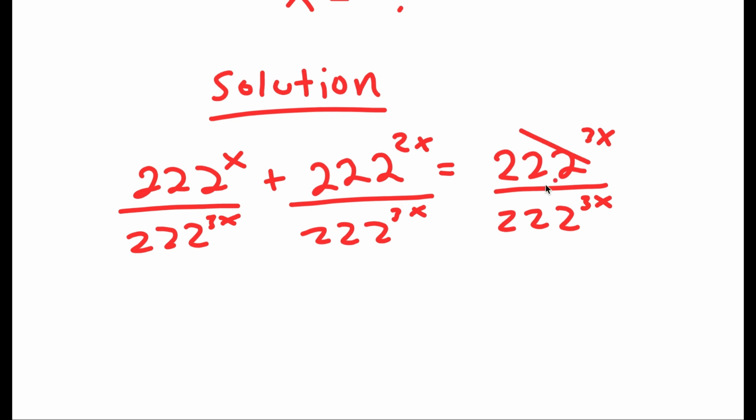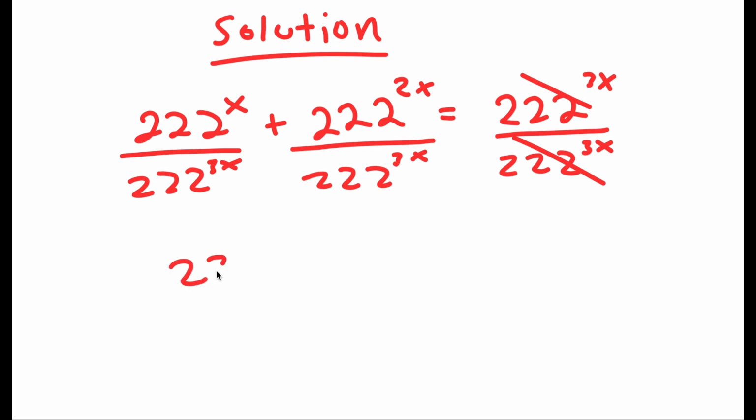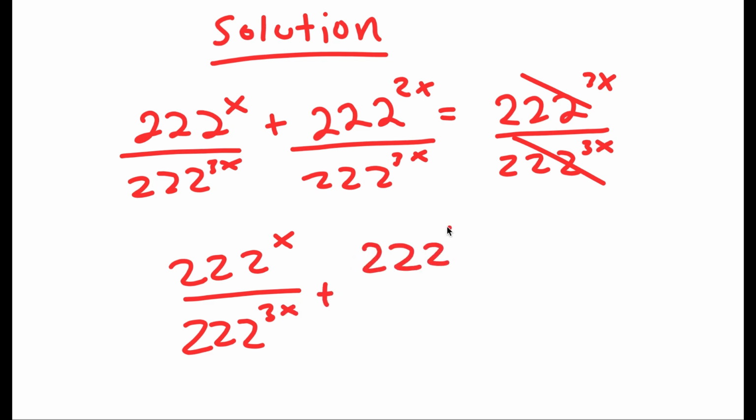So, for my right-hand side, these two automatically cancel out, and I'm left with 222 to the power of x over 222 to the power of 3x plus 222 to the power of 2x over 222 to the power of 3x is equal to 1.